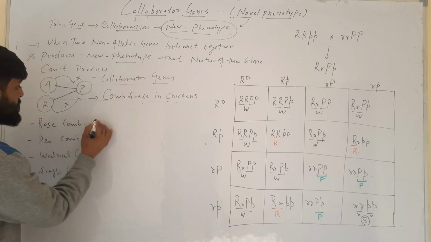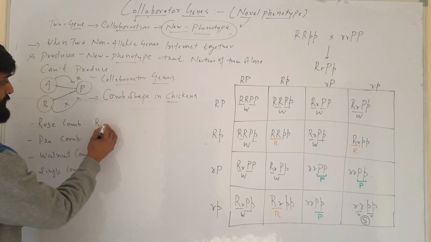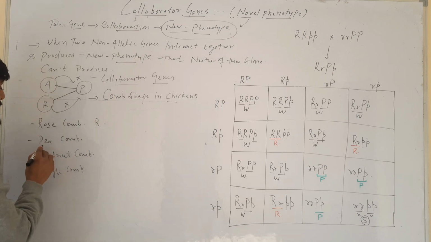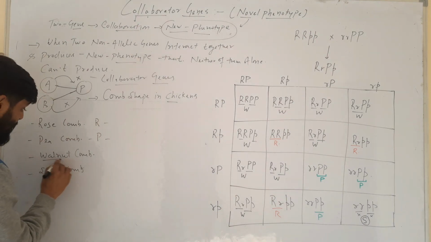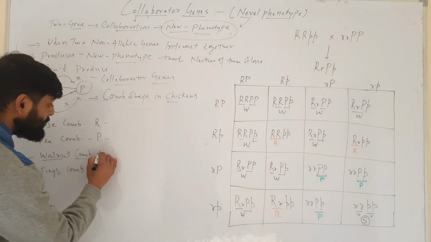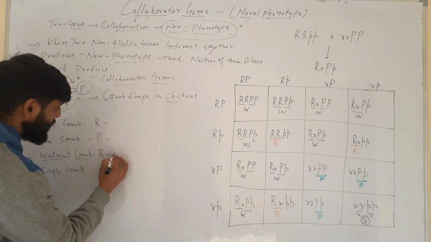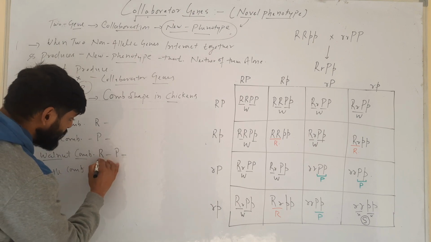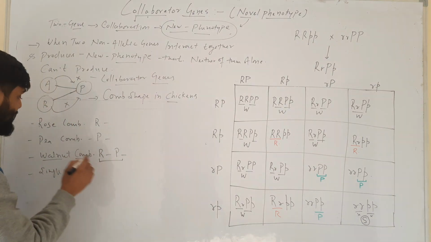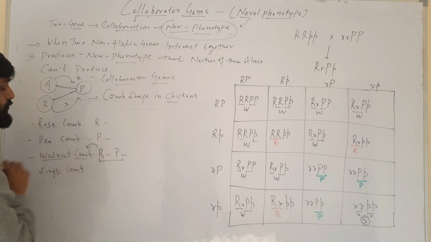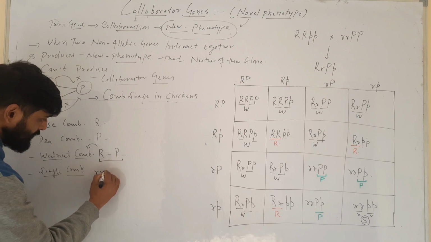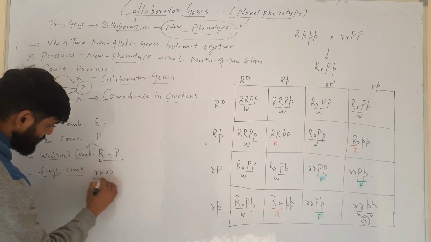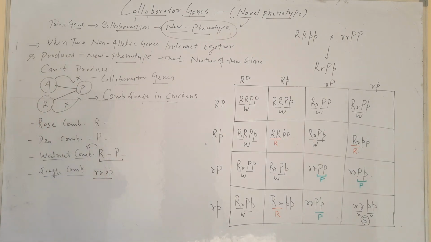The rose comb is produced by capital R gene. The pea comb is produced by capital P gene. The walnut comb is produced when both genes, capital R and capital P, interact. When both of these genes are present, they interact and produce walnut comb. When both of these genes are absent, then there will be single comb.